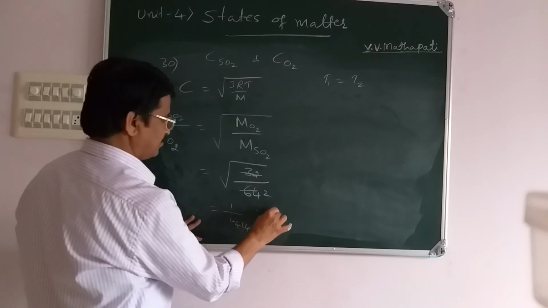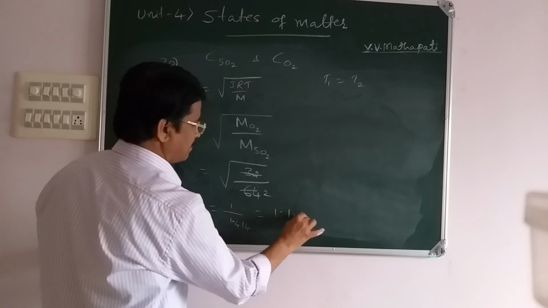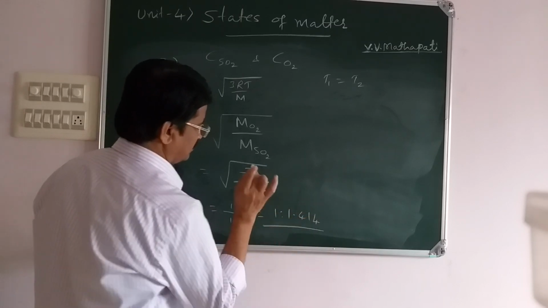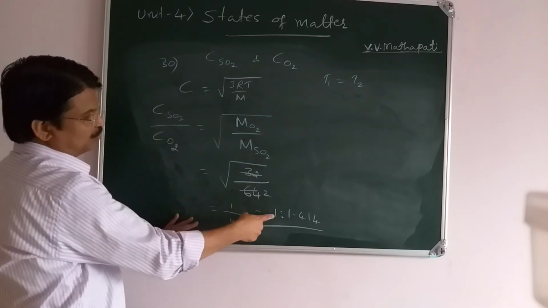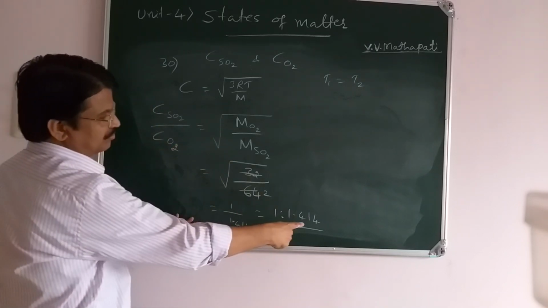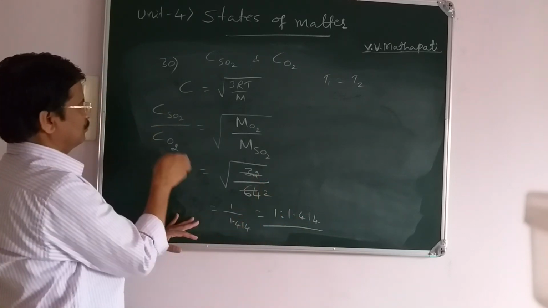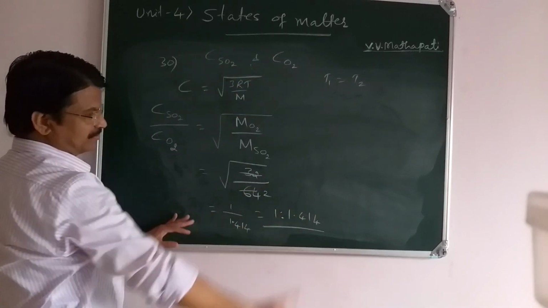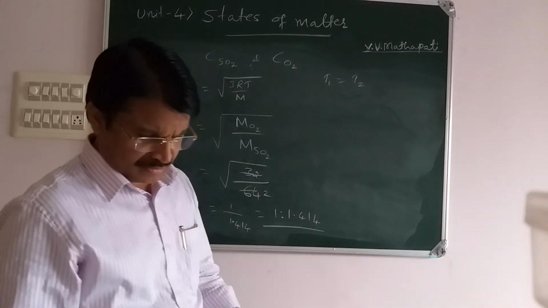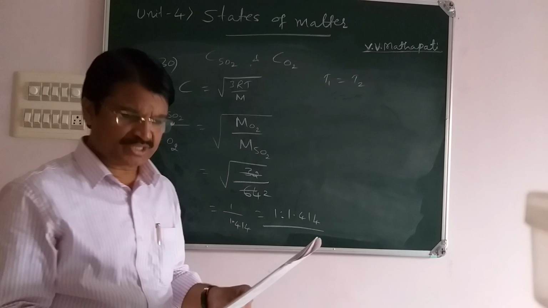Therefore, the ratio: C of SO2 1 part, C of O2 1.4. This is the ratio we calculated. 1 is to 1.4.